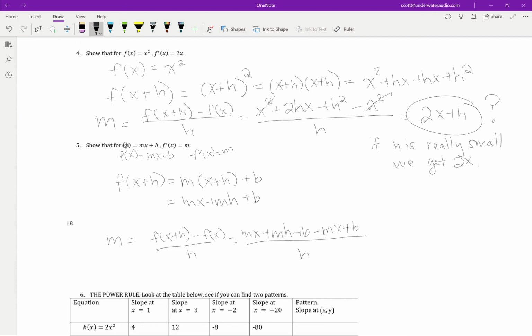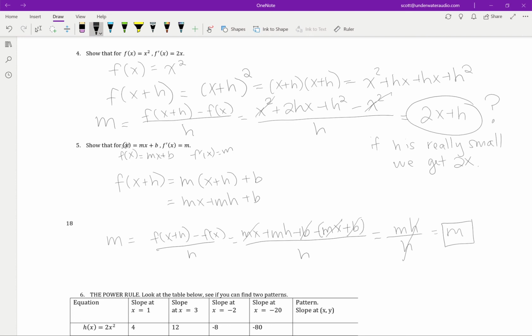Okay, so we have, oh, this is nice, mx on top minus mx, plus b, oh, and I almost forgot parentheses here. That makes a big difference. Plus b minus b. So those are going to cancel too. So I end up with, oh, this is super nice, mh over h, which the h's are going to cancel, and we get m. So this is nice.